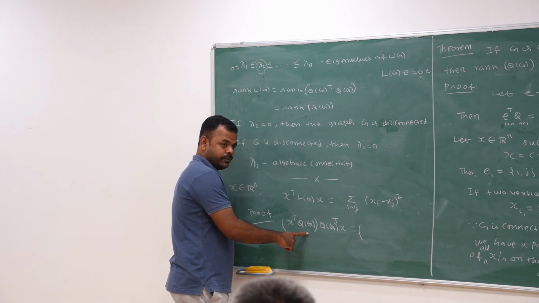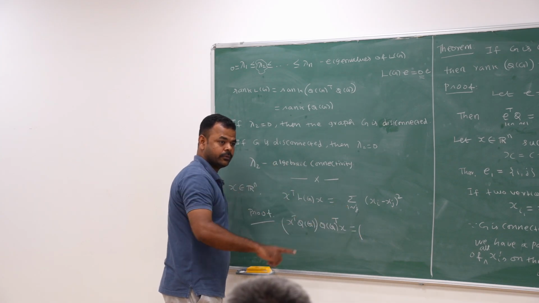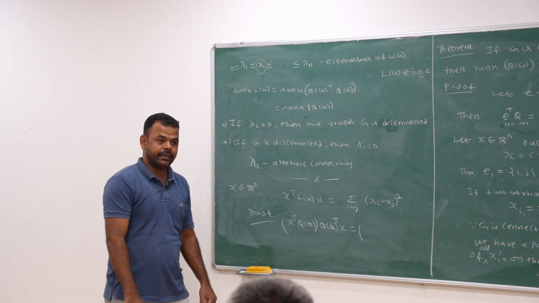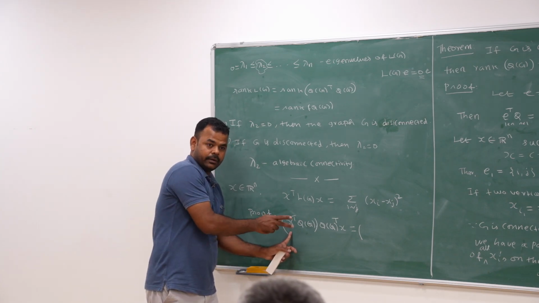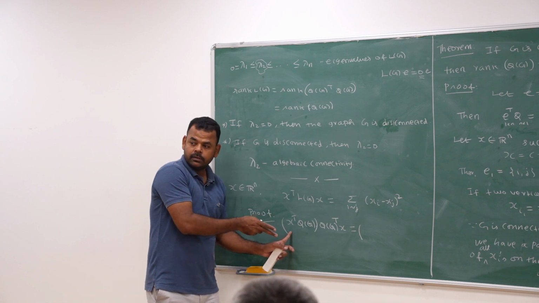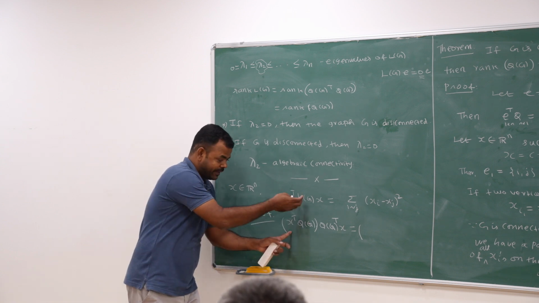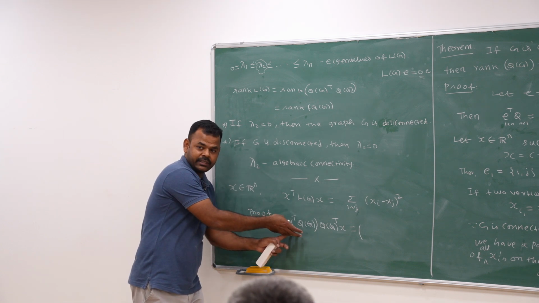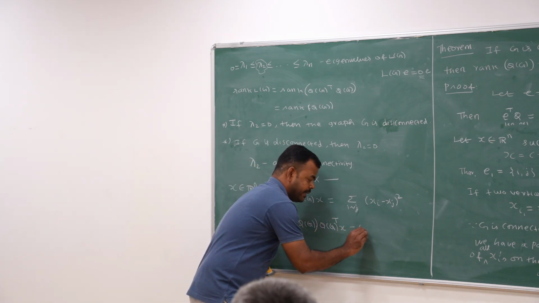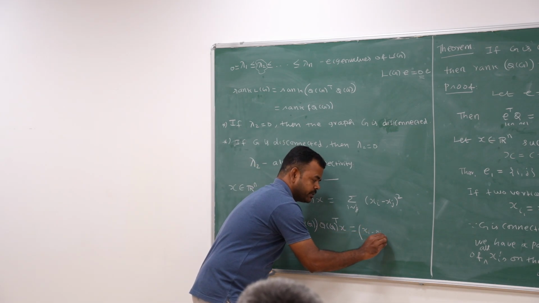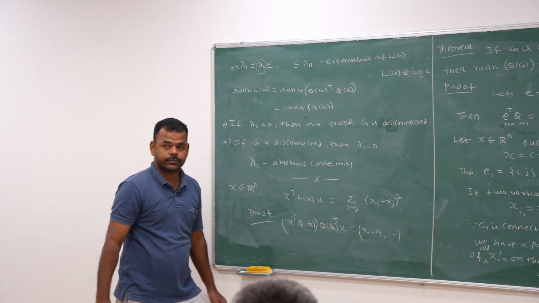X transpose Q of G, this is a row vector. What are the entries? The first entry is, you take the difference of the entries of the vector X with respect to the first edge. If ij is the first edge, then in the first component you will get something like xi minus xj, and so on, corresponding to every edge.